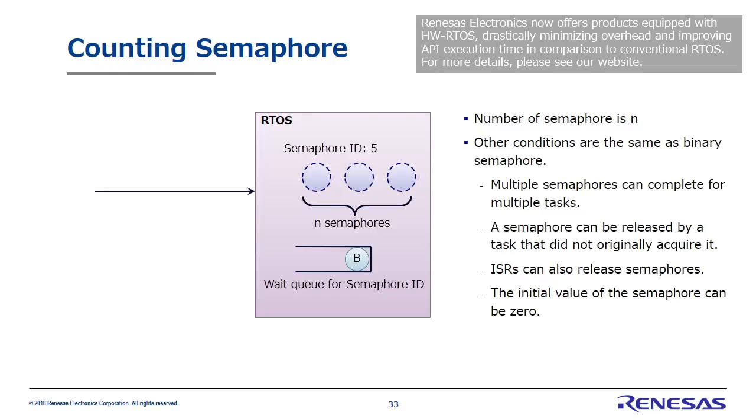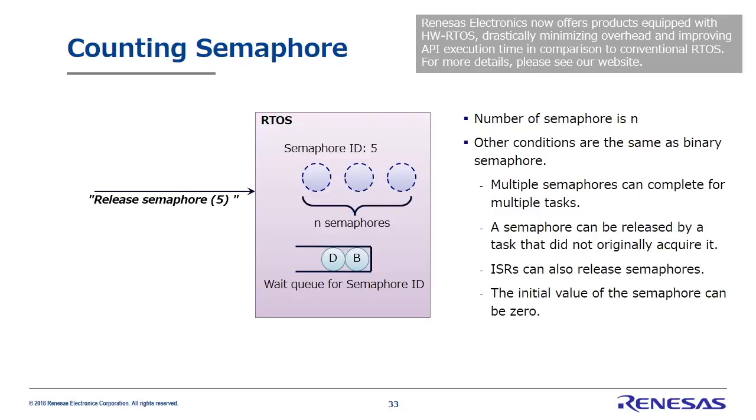For these situations, there is a semaphore wait queue, and task B is placed at the end of this queue to wait. If another task, task D, requests a semaphore, the RTOS will transfer it to waiting and place it in the semaphore queue, as with task B. Next, let's assume that a task holding a semaphore releases it through the Release Semaphore API.